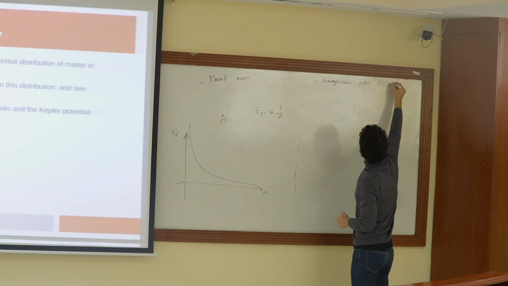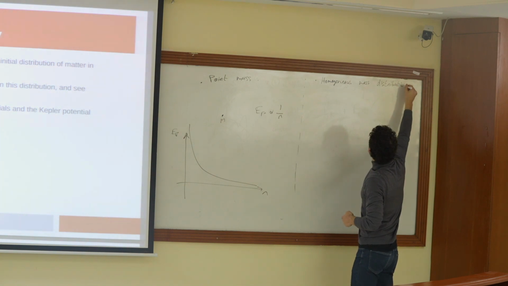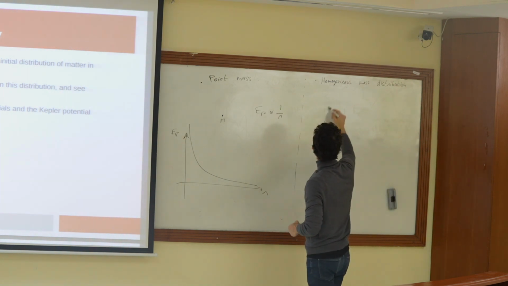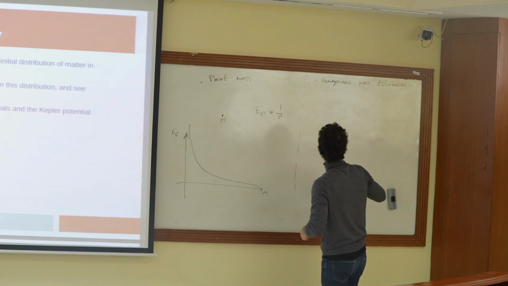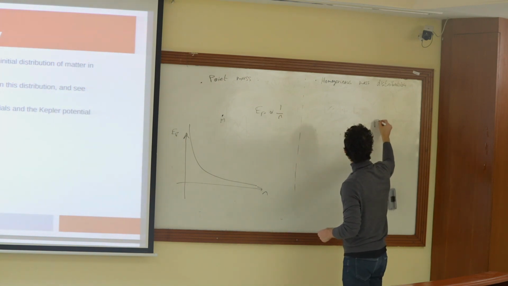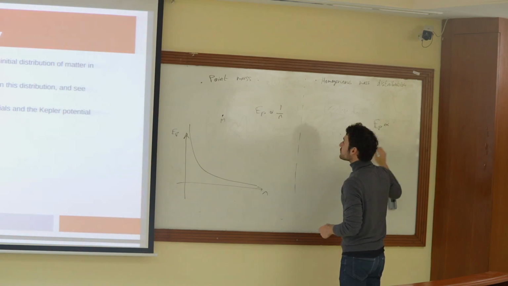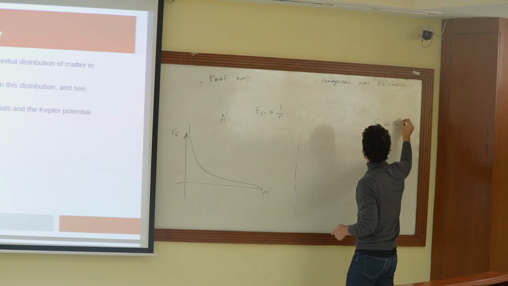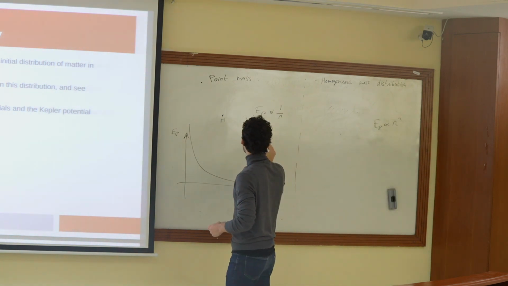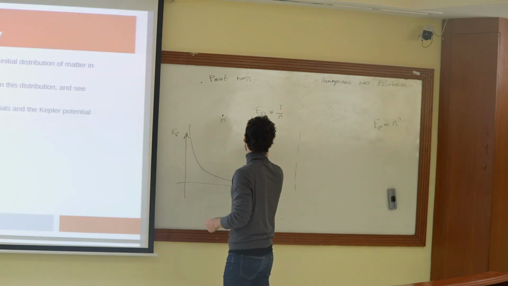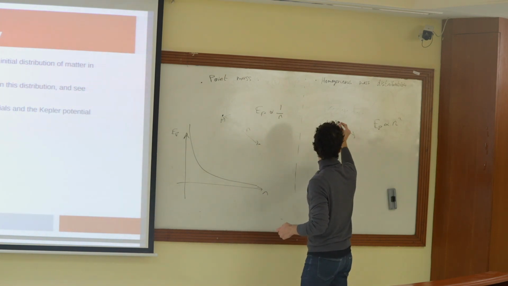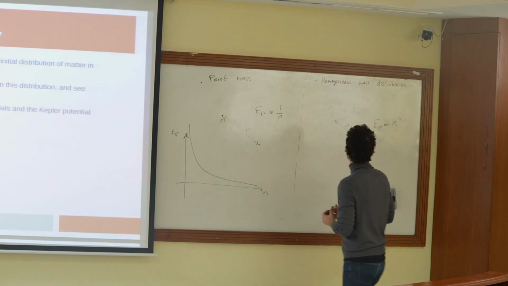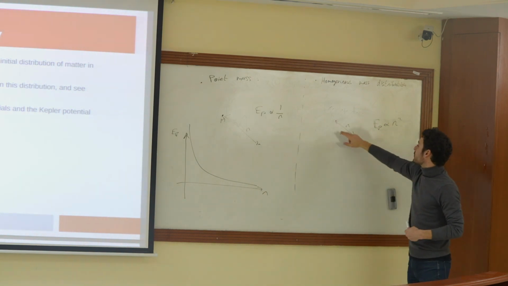In this particular case, the potential that you get is proportional to r squared, where r is the radius. So the potential energy is now proportional to r squared.